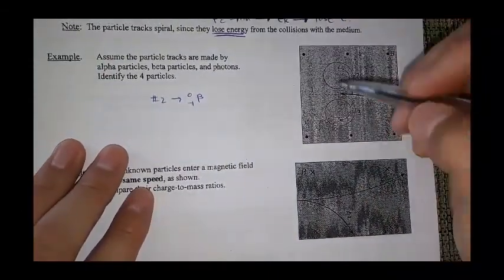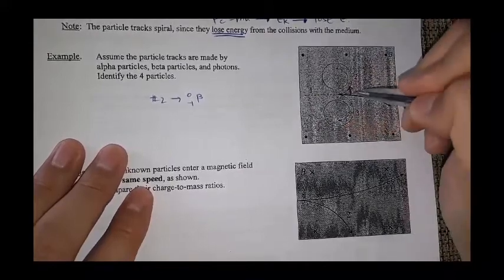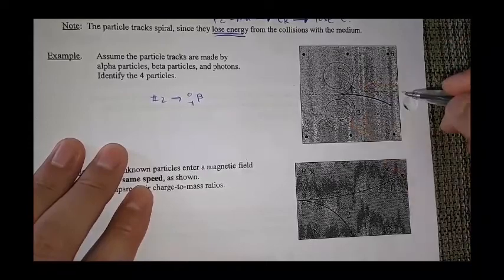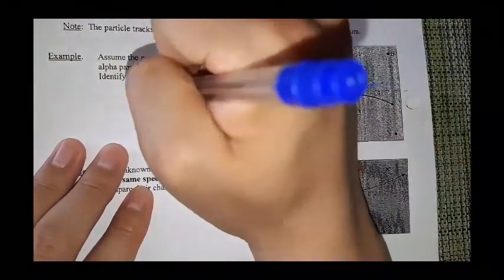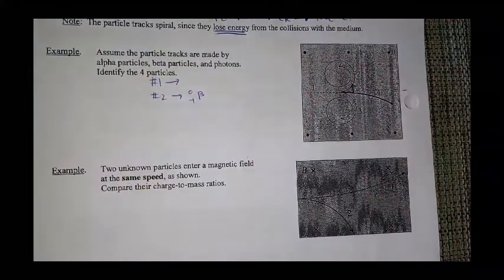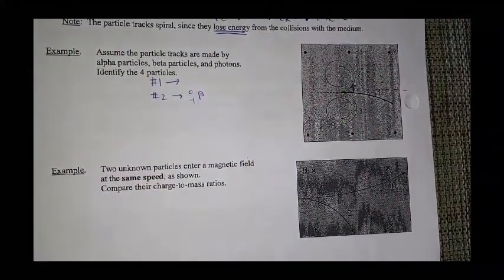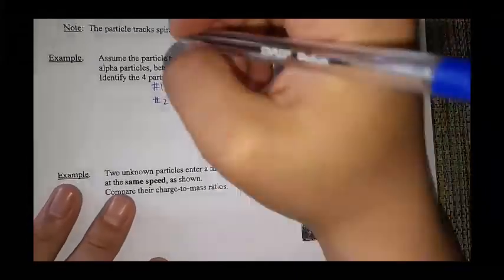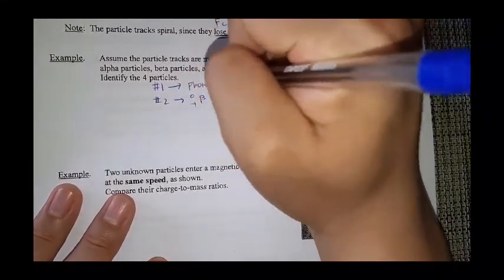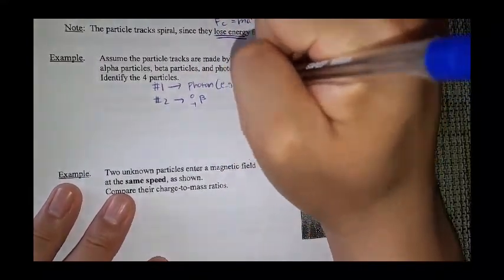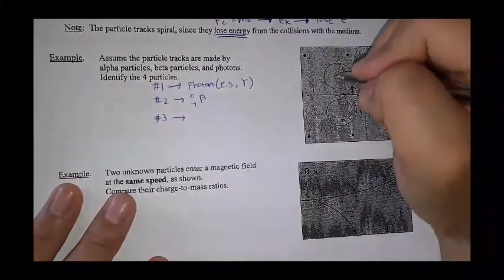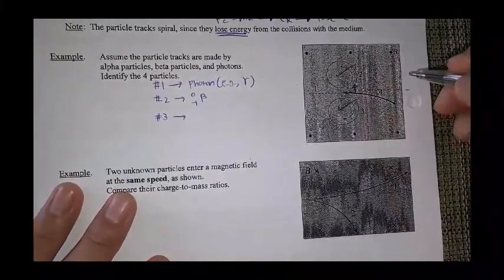On the other hand, number 1, I know it starts from there, but it's gonna go directly to the front. So in this case, linear. Doesn't have any type of deflection or anything, or sometime like what I mentioned above, it doesn't collide with liquid molecule. So that can be a photon, like gamma, something like that. Number 3, can you see the size is identical, 2 and 3, but opposite.